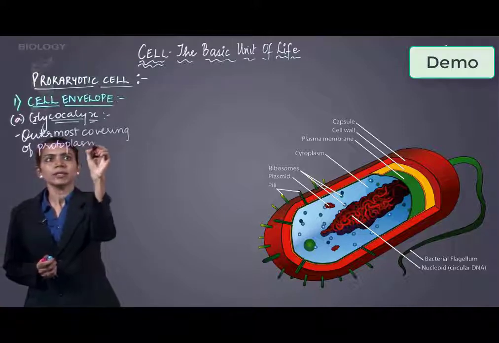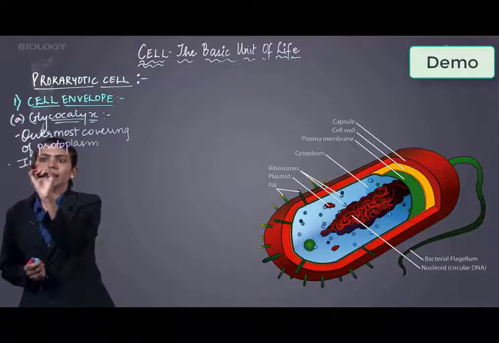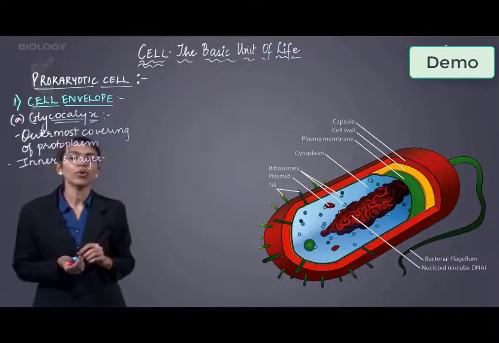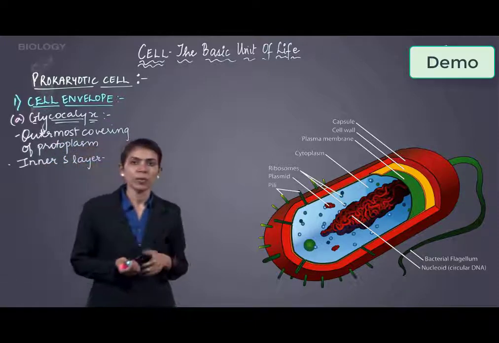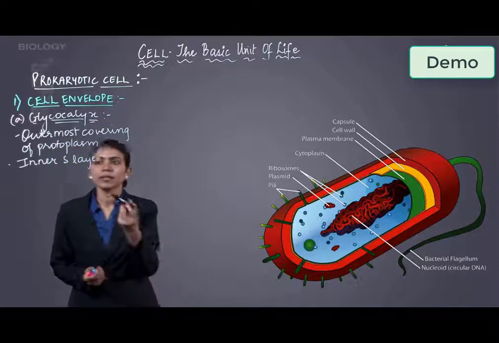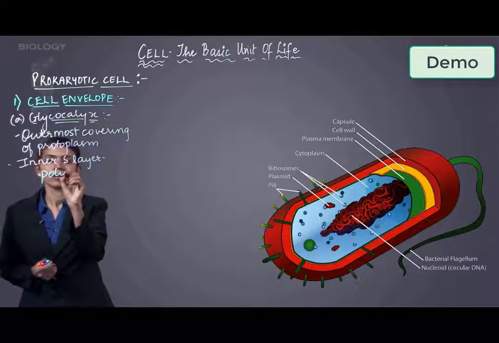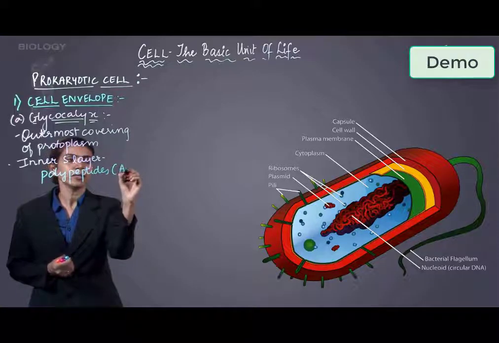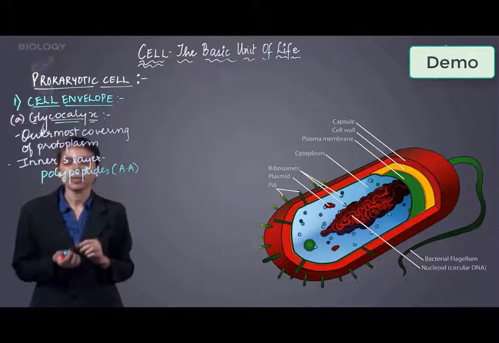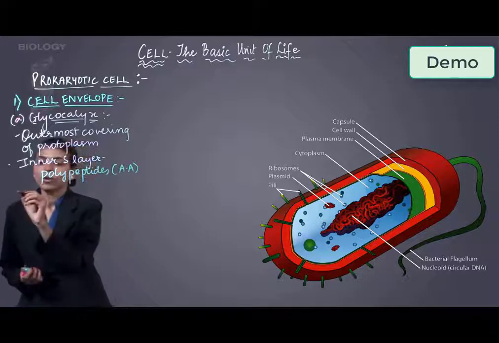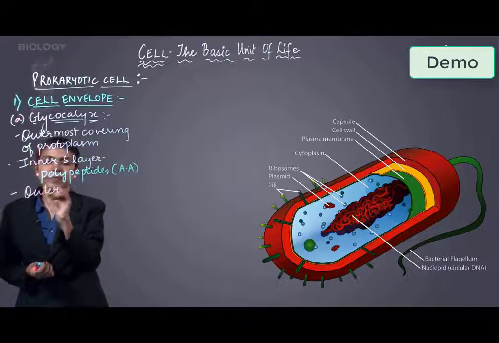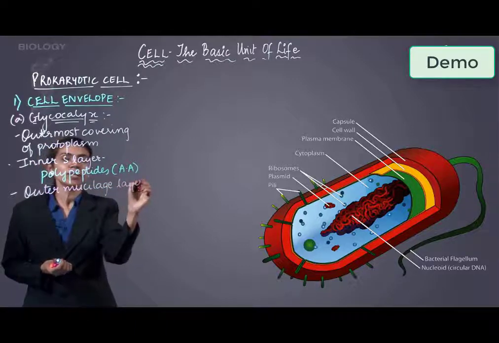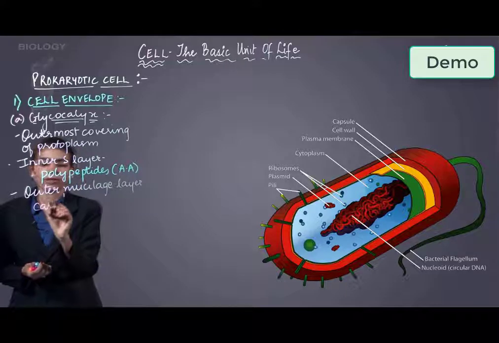It is divided into an inner S layer, which is made up of polypeptides rich in amino acids. And the outer layer is the outer mucilage layer, which is rich in carbohydrates.